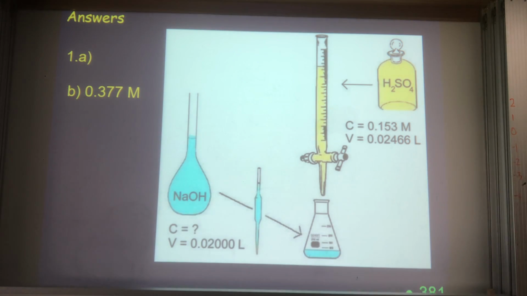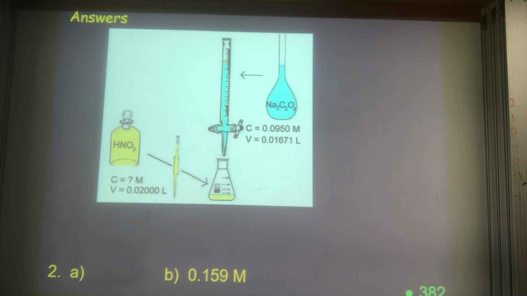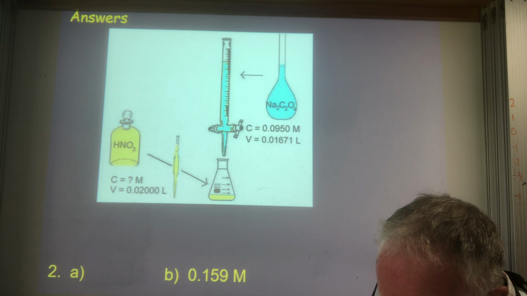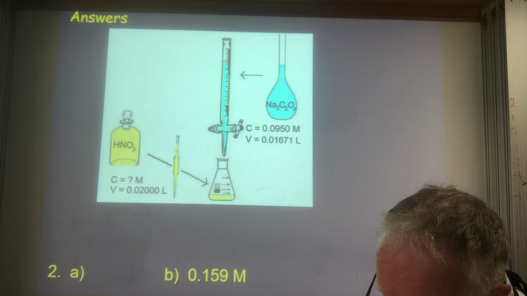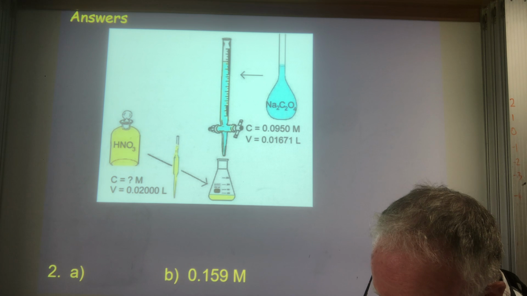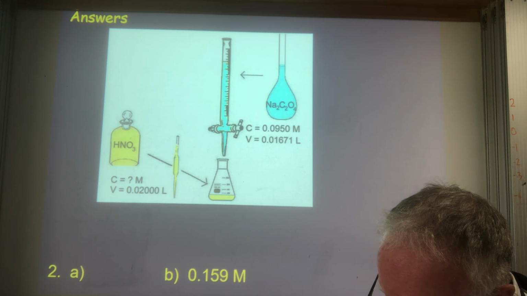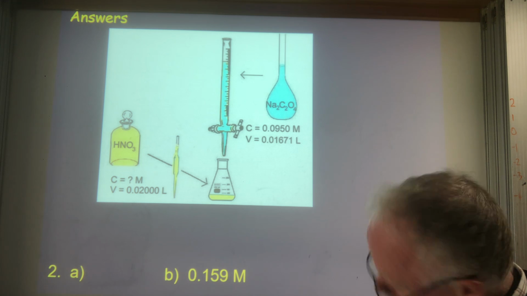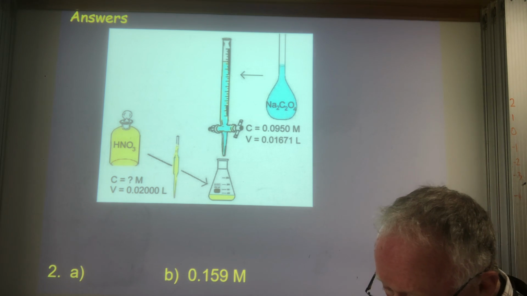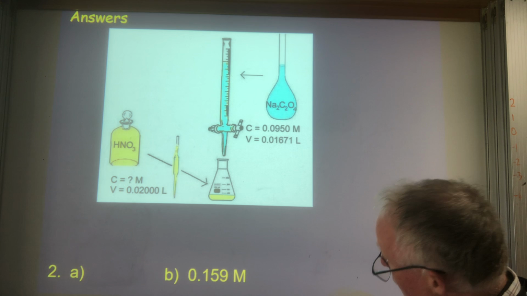On to the second question. That's our diagram. The standard solution of sodium oxalate is used to titrate 20 ml aliquots of a nitric acid solution. So the aliquots are of nitric acid.